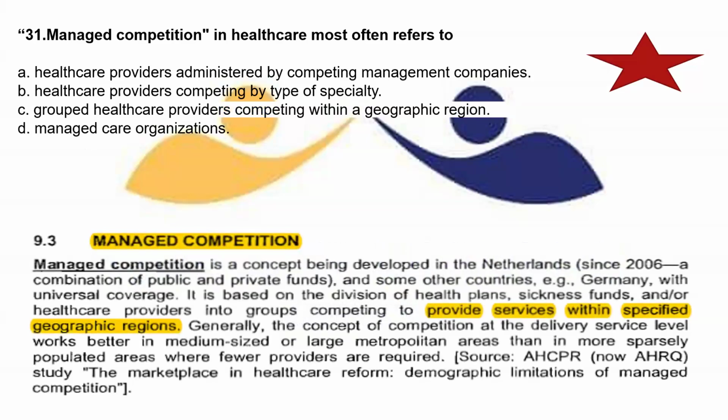So for letter A, this option is emphasizing management companies, which are not a core aspect of managed competition. While for letter B, this focuses on competition between individual specialties like surgeons versus pediatricians, which is narrower than the broader concept of managed competition.